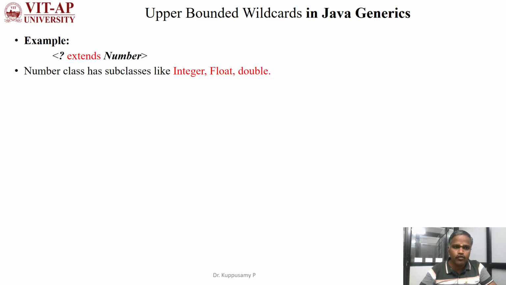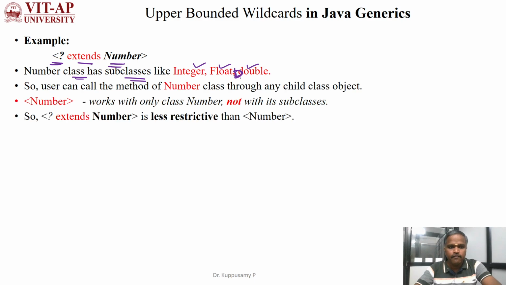So here we are going to see the example, question symbol which is extending Number. As I told you, the Number class is the parent class which has subclasses like Integer, Float, Double. Double should be capital D, right? Double, and Short, Long, and Byte, etc. When we are using the Number class and calling the methods of the Number class through any child class, we can access the methods of this Number class through the child.